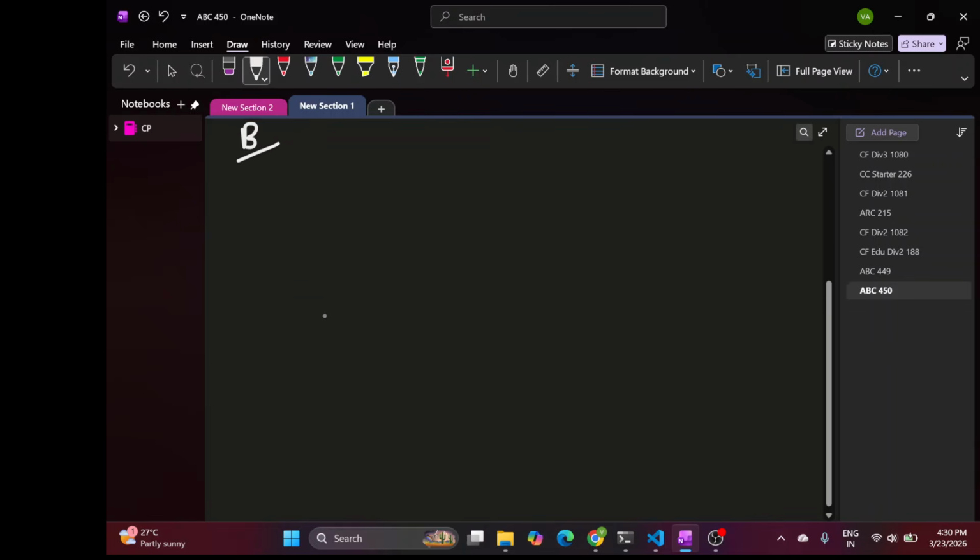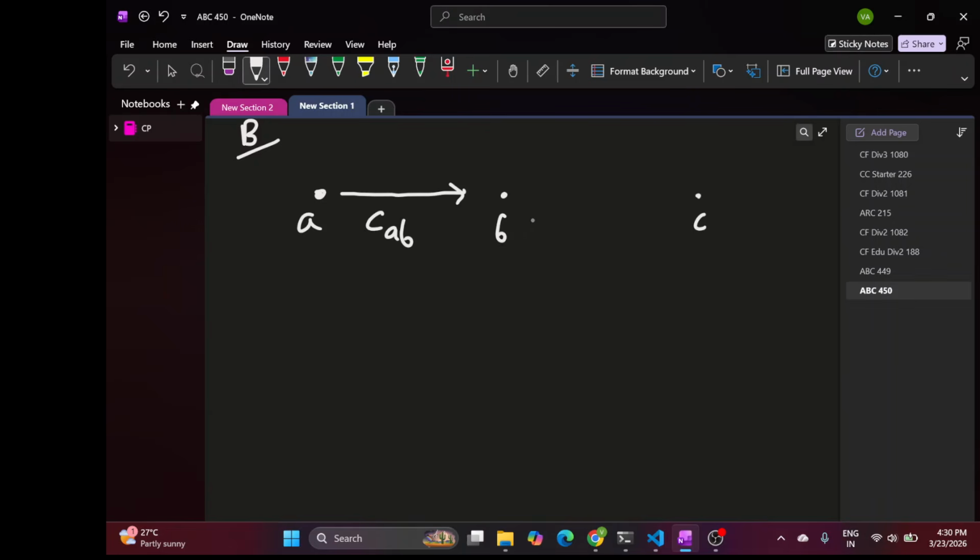Basically, let's say this is station A, this is station B, and this is station C. Let's say this is CAB, this is CBC, and this entire quantity is CAC.